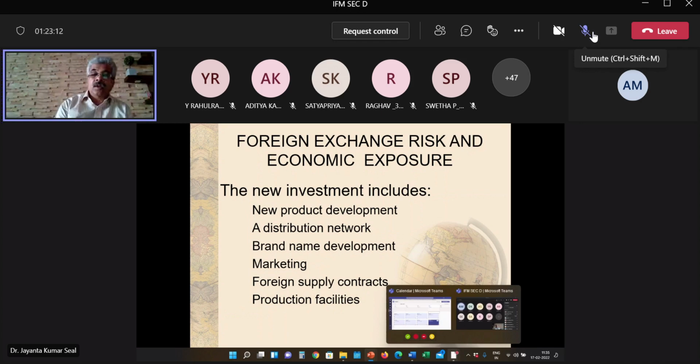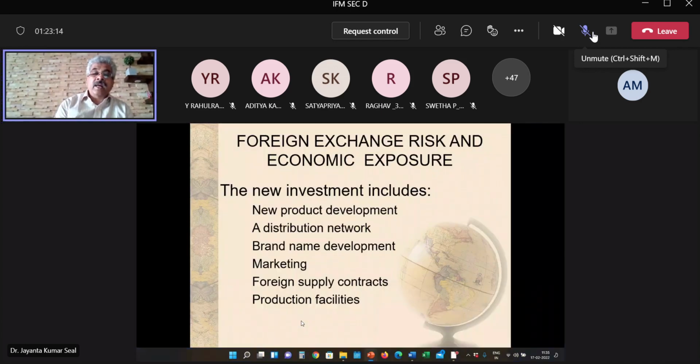So any idea how they are going to affect? Suppose you have a foreign supply contract. If Indian currency depreciates, will it benefit you, or will you be a loser?